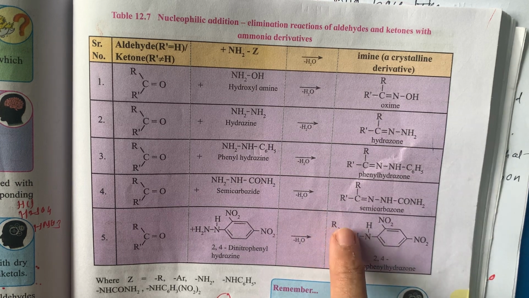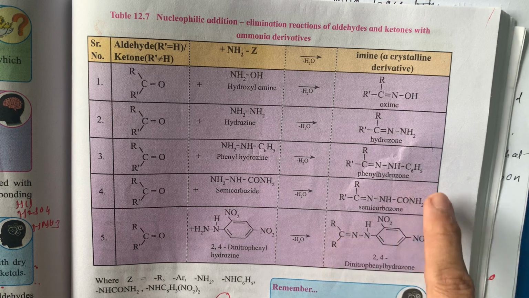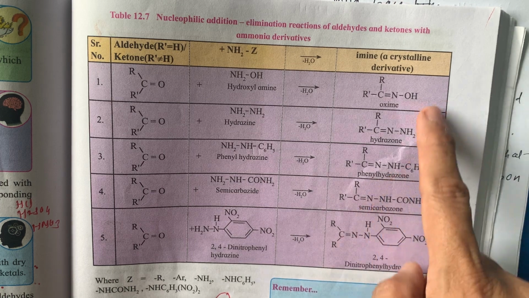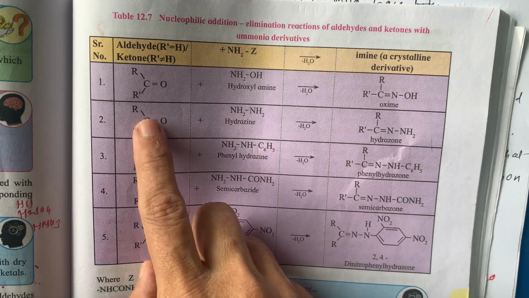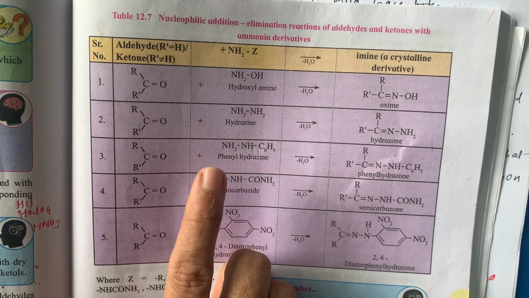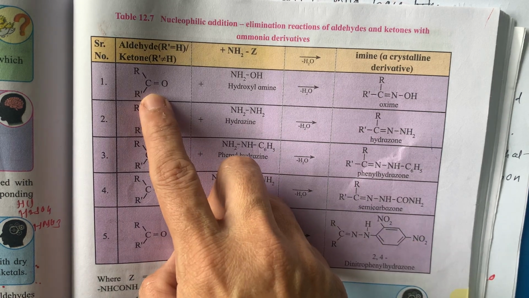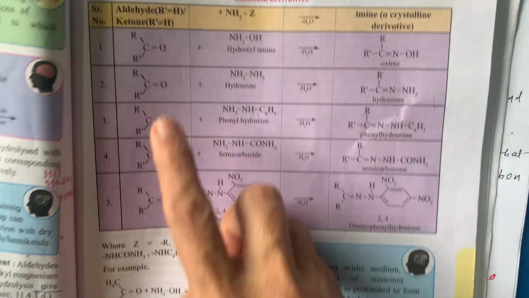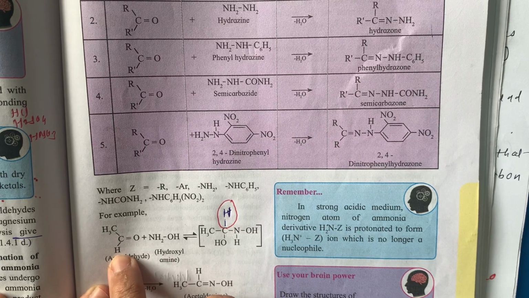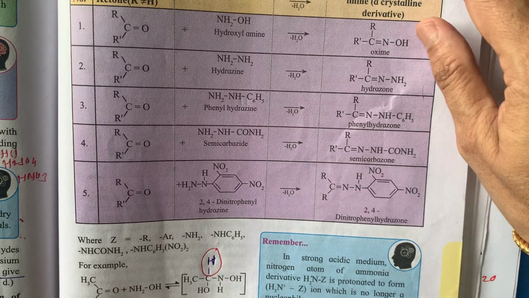This is the substituent over here, and here is the substituent on the nitrogen, like that. You have to study very well by writing reactions in your notebook. Then and only then you will understand what is going to happen with ketone and what is going to happen with aldehyde. Please remember this and do it as your homework.